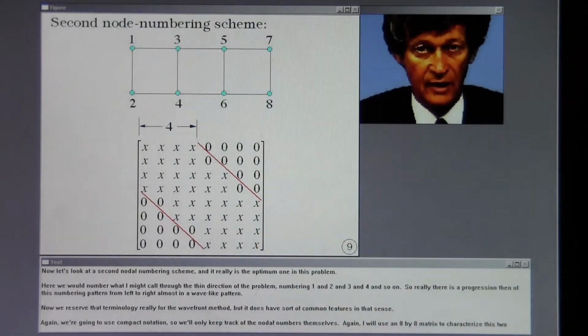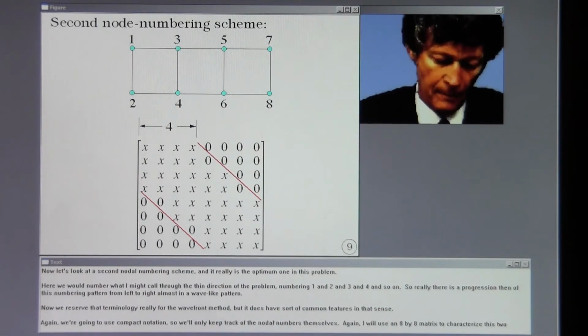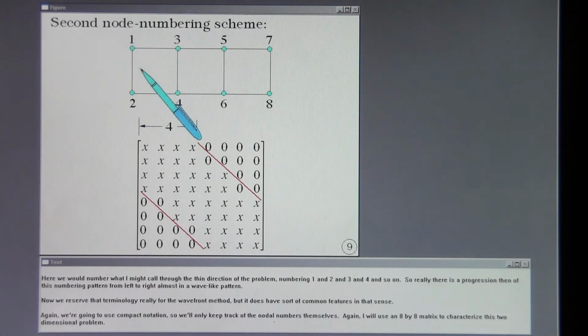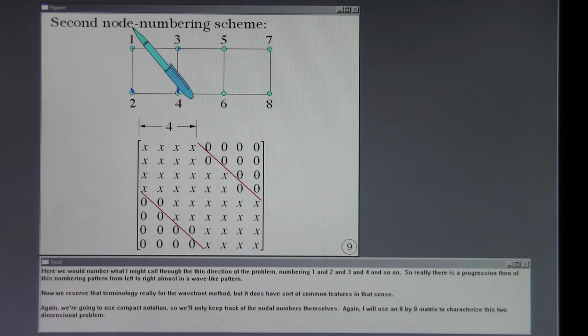Now let's look at a second nodal numbering scheme, and it really is the optimum one in this problem. Here we would number what I might call through the thin direction of the problem, numbering 1 and 2 and 3 and 4 and so on. So really there is a progression then of this numbering pattern from left to right, almost in a wave-like pattern.